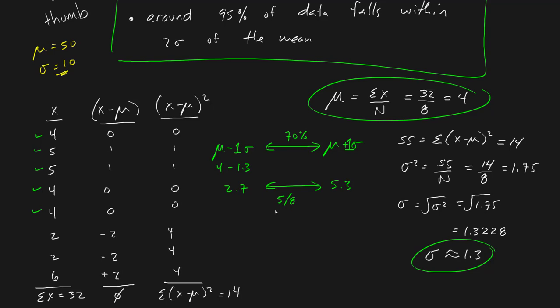Let's check this out. 5 divided by 8 is 0.625. As a percentage, that is 62.5% of my data falls within 1 standard deviation of the mean. It's not exactly 70%, but it's in the right ballpark.